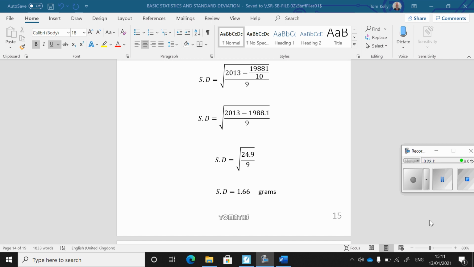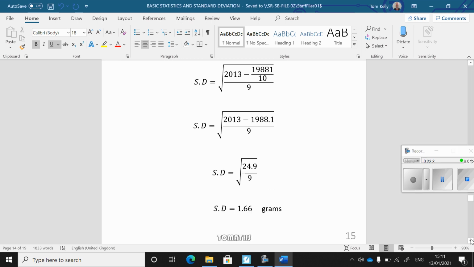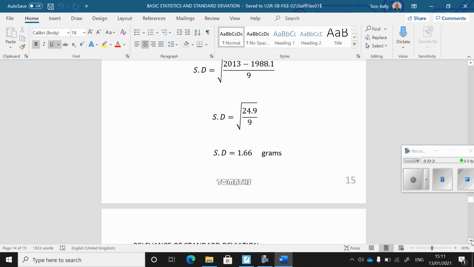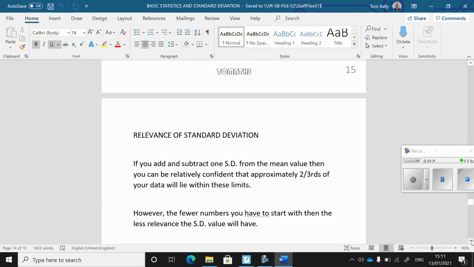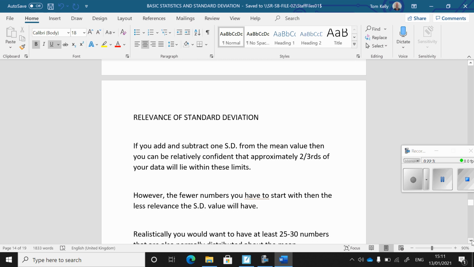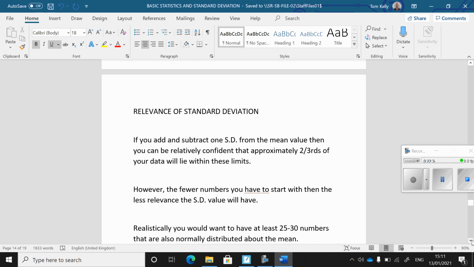There is a section, just in case later on, if you do go on to do some more statistics that involves standard deviation, I put in a little explanation about the relevance of standard deviation.